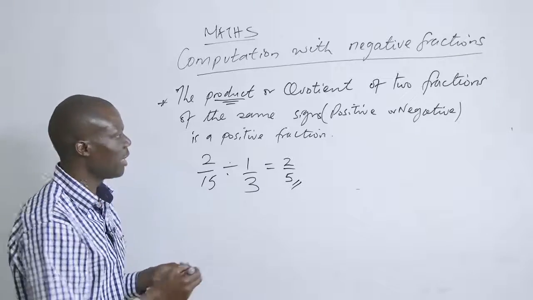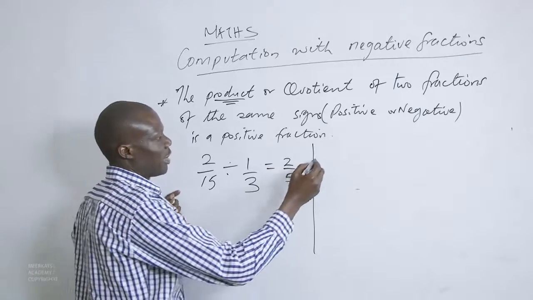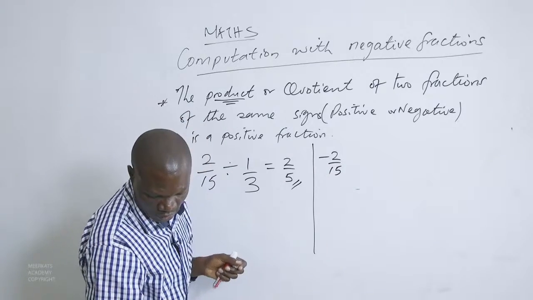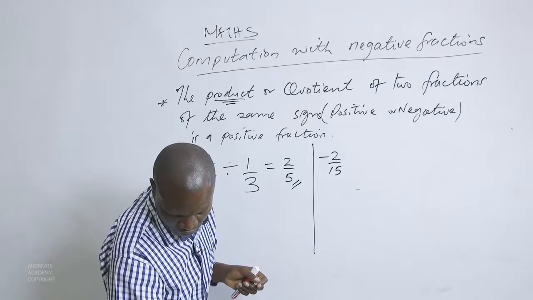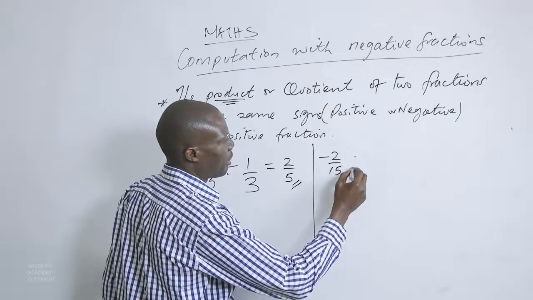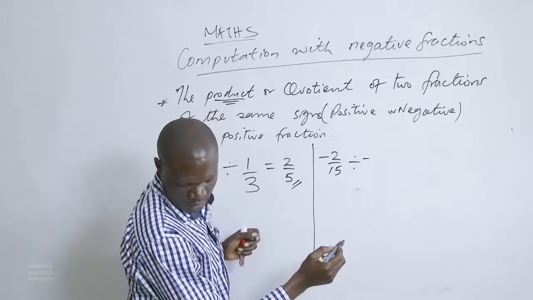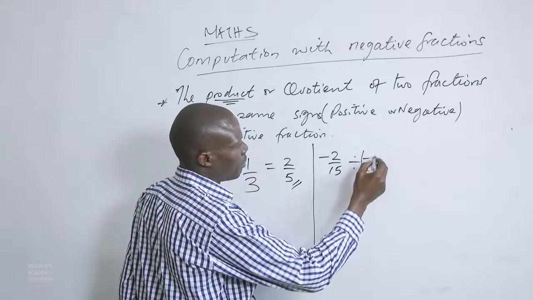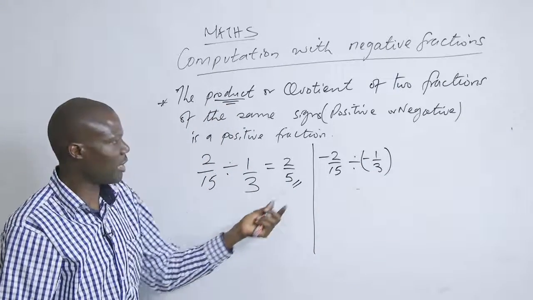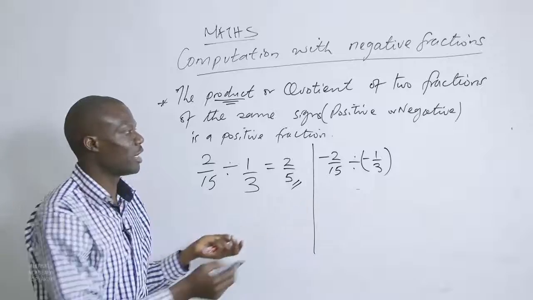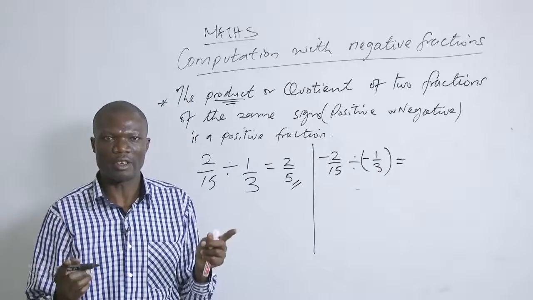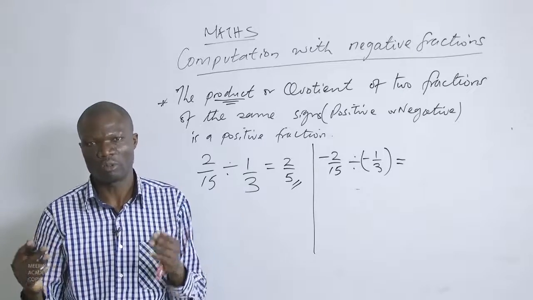The same would apply if we had negative 2 over 15 divided by negative 1 over 3. The quotient of two fractions which are negative must give us positive.